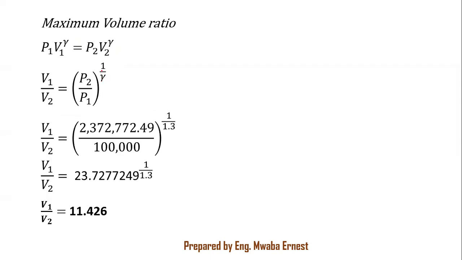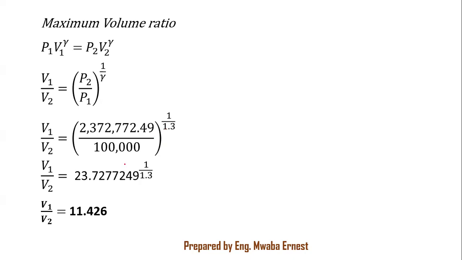Now, with this, we can just do the substitution because this is what we're looking for. Pressure 2 is the one we just found, 2,372,772.49. Pressure 1 is 100,000, raised to the power 1 over 1.3.